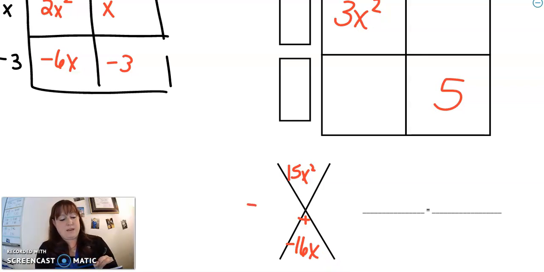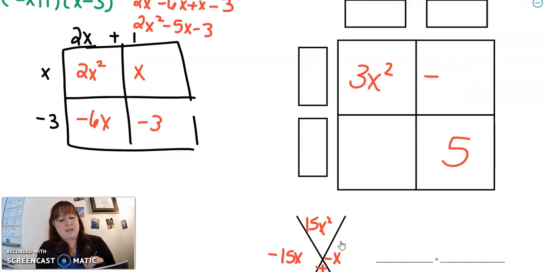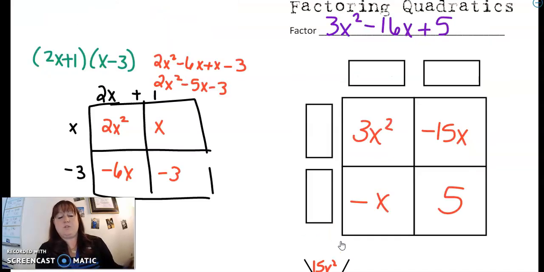Well, what about negative 15x and negative x? Let's see, if I multiply those together, I get positive 15x squared. And if I add them together, I get negative 16x. So those work. So the 2 numbers that existed in these 2 boxes are negative 15x and negative x, because when I add those together, I end up with my final product.